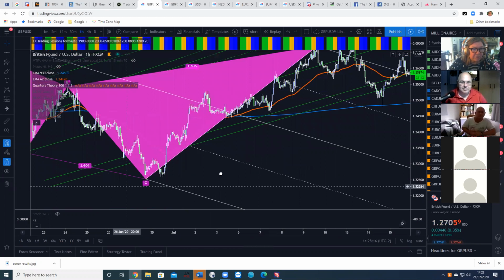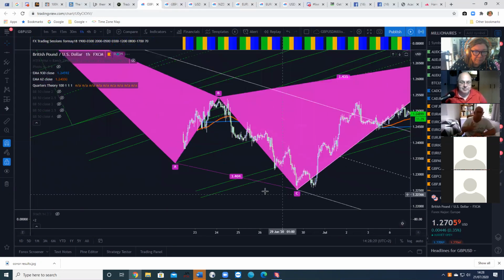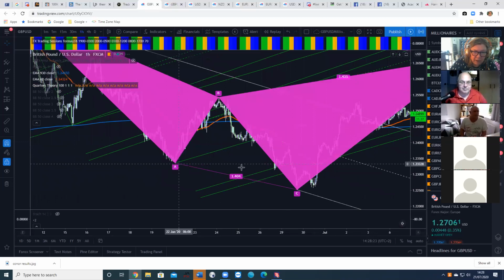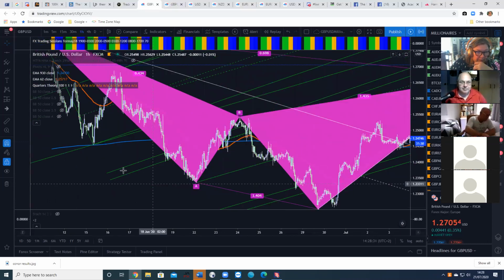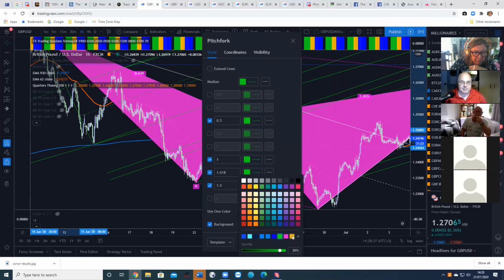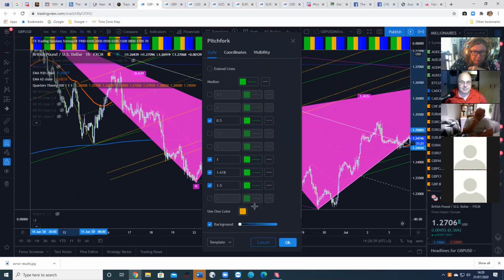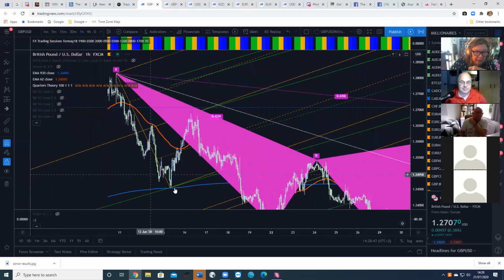Oh, that's where I drew. That's me drawing a. I'm pretty sure. What was that I was doing there? I'm going to have to change the color on something here. Put it in yellow just to see what I'm looking at. XA.